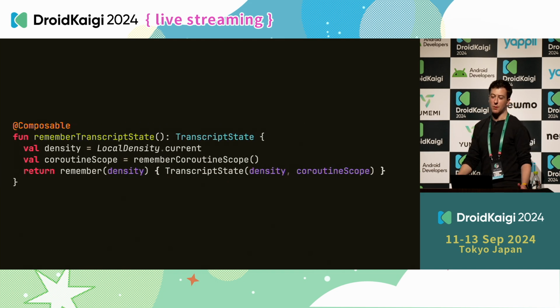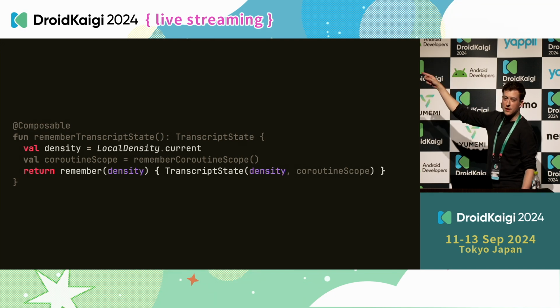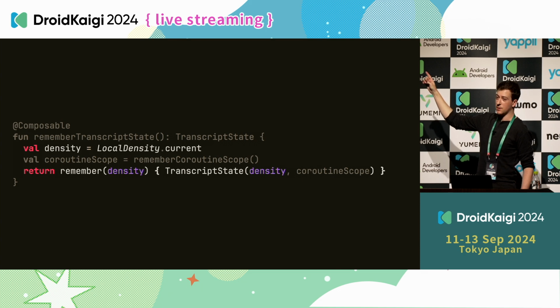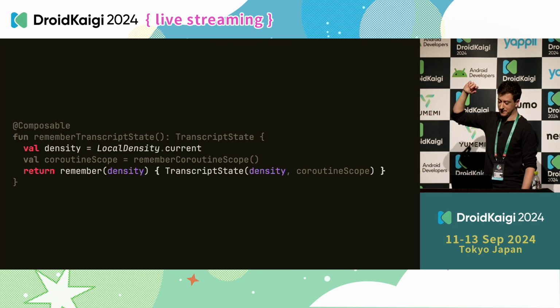If you've ever used remember scroll state before, we can actually make a very, very similar API to it here, but this time we're going to return a transcript state instead. Worth noting, I'm keying off of the density here because if this happens to change for whatever reason, then all of our pixel calculations are totally wrong and we want to throw them away.